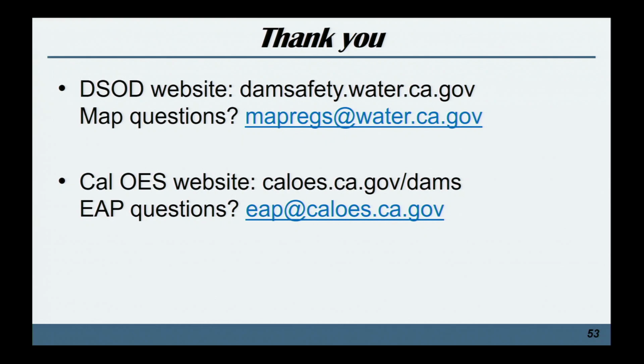EAP questions to EAP at caloes.ca.gov. Both the websites are very easy to find. DSOD is damsafety.water.ca.gov. CalOES is caloes.ca.gov, specifically for dams, /dams. So feel free, as you're driving home, you think about, wait till you get home because we don't text and drive. Give us an email if you think of something, and we are more than happy to get back to you with an answer right away.